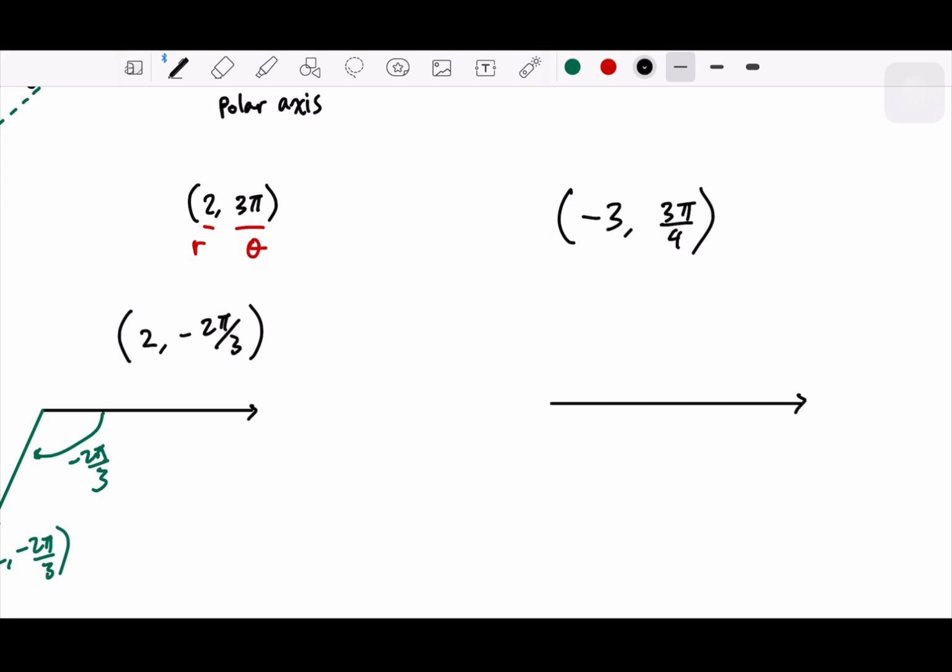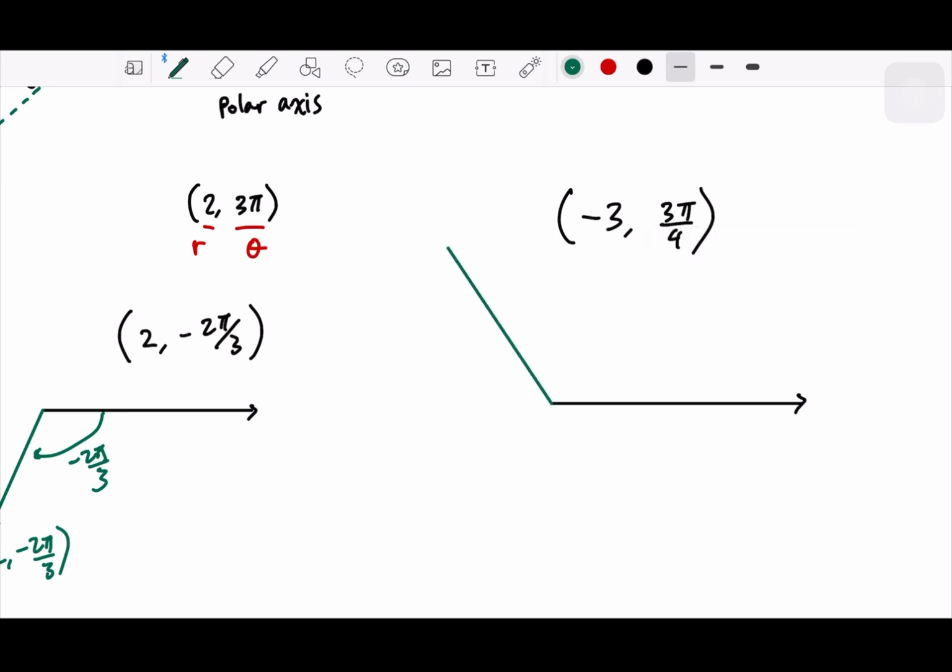Now let's just take it in a positive way first, and let's assume this 3π/4 will be around here.